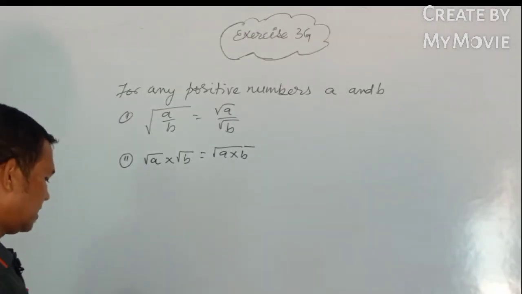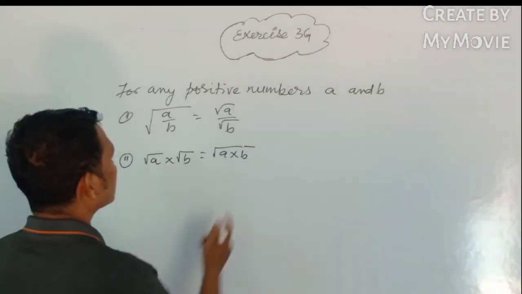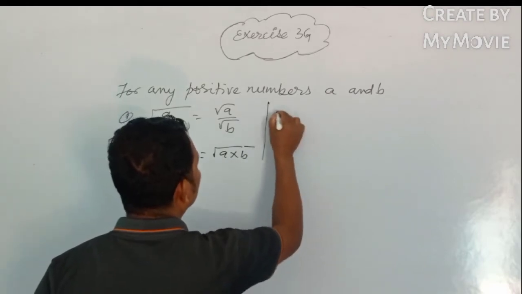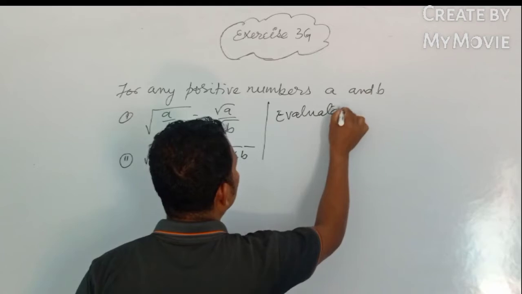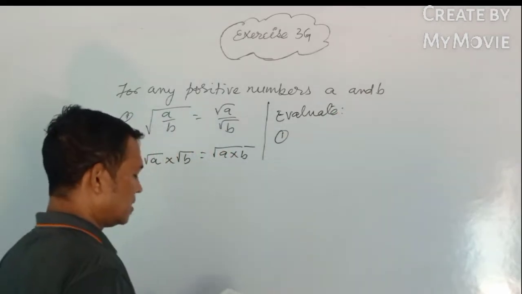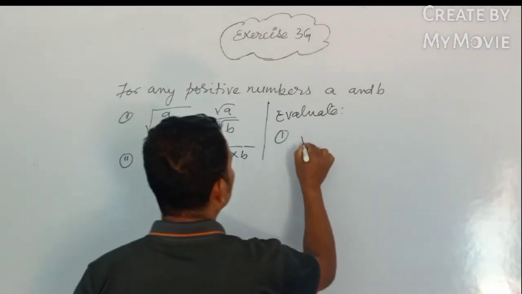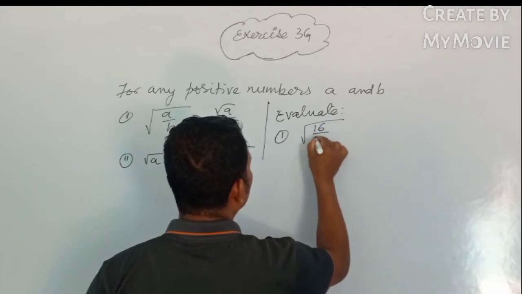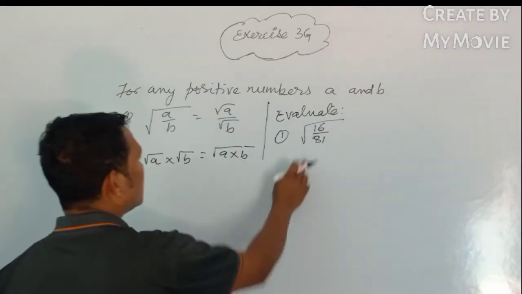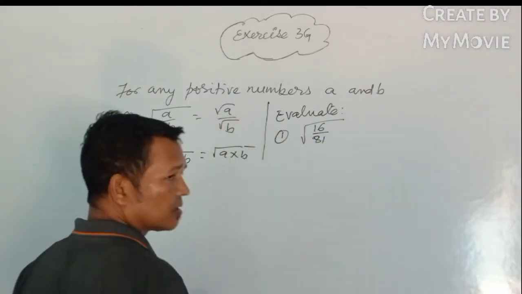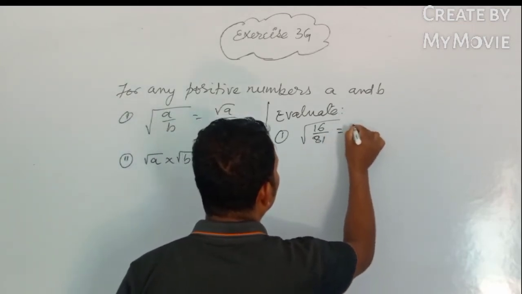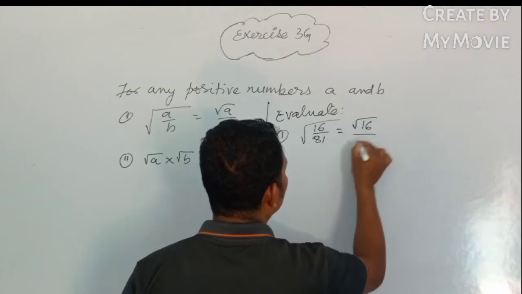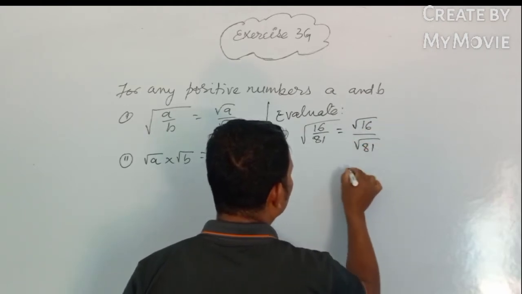Now question number 1. Evaluate. Number 1, square root of 16 upon 81. If you apply this formula, then we get square root of 16 upon square root of 81.